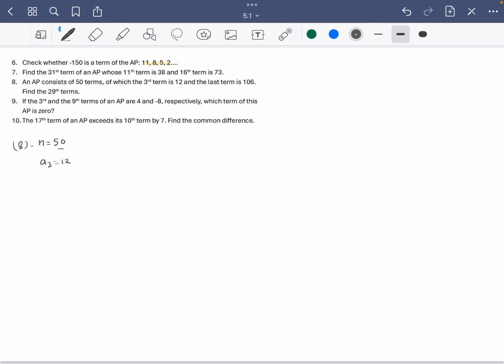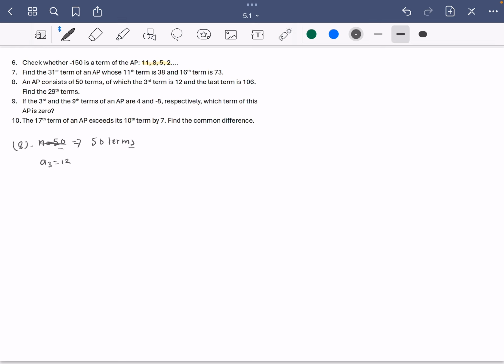It's the 50 terms, but it can be an nth term, so we won't write n equals 50. A3 is 12, and the last term is 106.